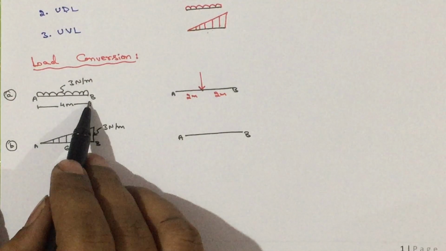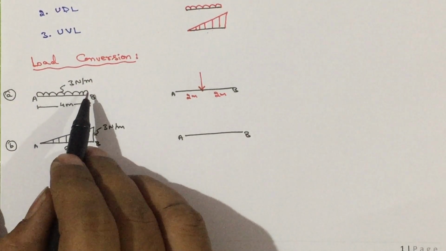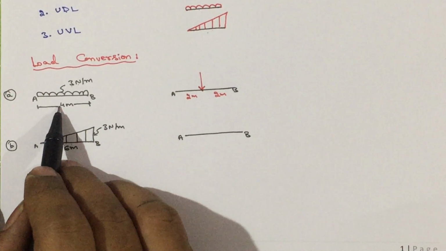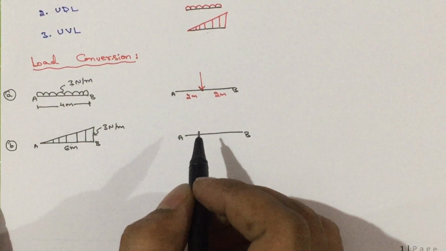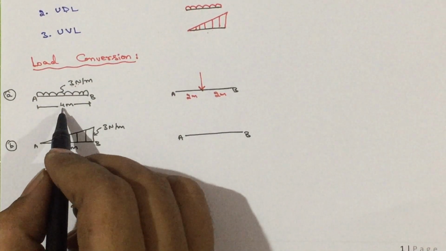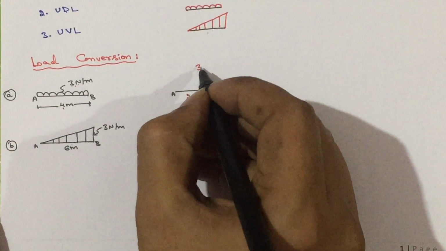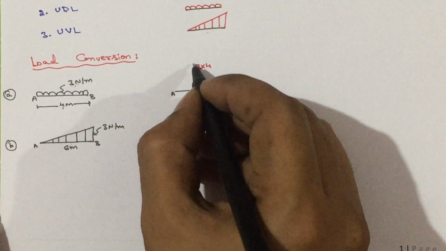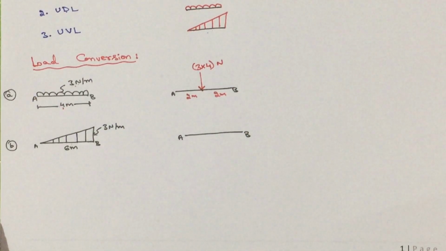What about for the entire 4 meter? Since it is uniformly distributed, 3 Newton multiplied by the distance, that is 4, you are going to get the load. So, how much it will act? The load intensity multiplied by the span, that is 3 into 4. The meter gets cancelled, you are going to get 3 into 4 Newton.